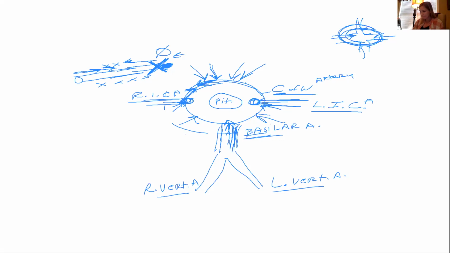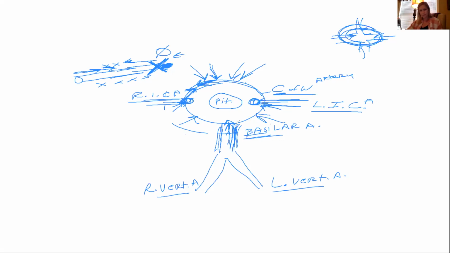Okay, so when we're tracing the pathway the clot used to get to the Circle of Willis, we've got ascending aorta, aortic arch, brachiocephalic trunk, right subclavian, right vertebral, basilar, and the Circle of Willis. Is that what we have? Okay, so which arteries listed are anastomoses? We know the Circle of Willis is.